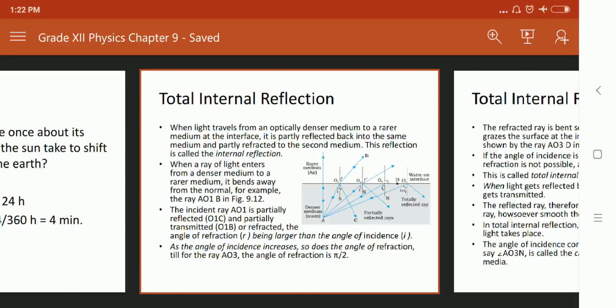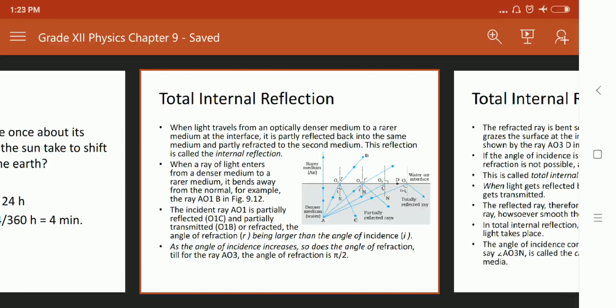From the surface, some of the component is refracted into the rarer medium with refraction angle r dash, and some of the component is coming back towards medium 1 as reflection. Now you can see over here the reflection portion or the angle is more compared to the refraction angle.